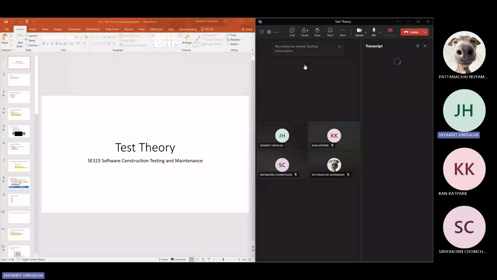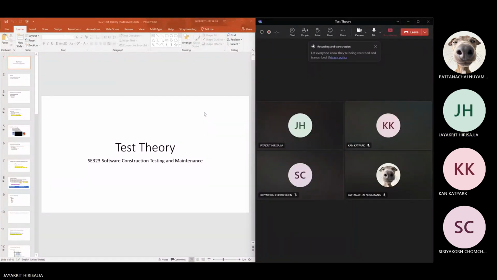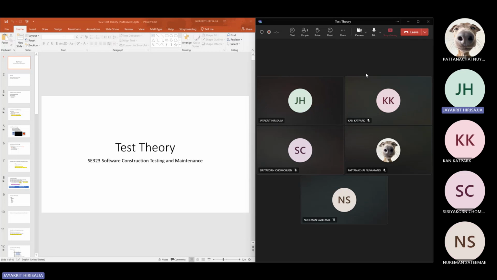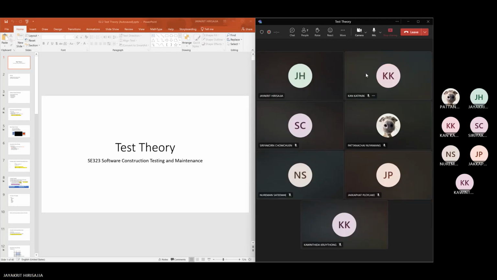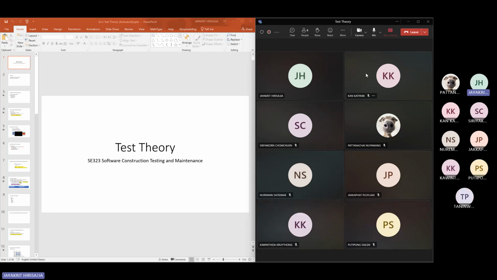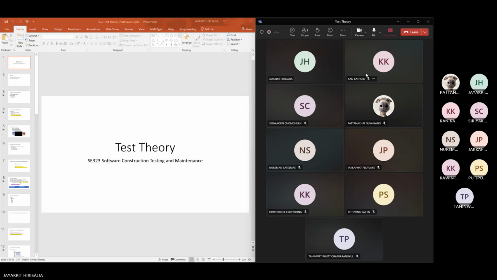What are we going to talk about today is about test theory. What is a test theory? It's a theory regarding what should be the basic idea of generating the test, and what should be the proper guideline of how we should test the software.